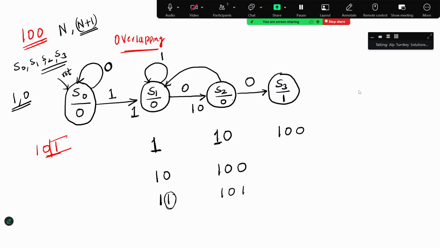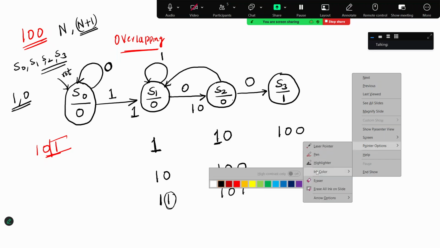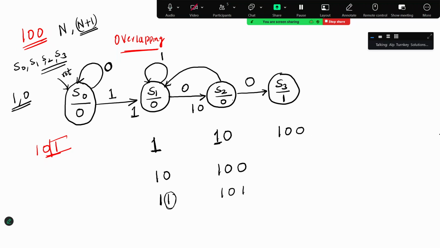Okay, next you see. At 1 0, the two cases are over. Next, at S3, you can get 1 0 0 0, and then 0, 1 0 1 0, 0 1 0 1, 0 1.